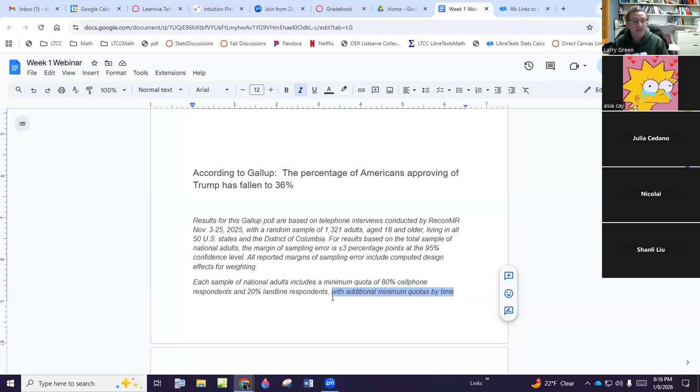So they said they did a random sample. I'm going to tell you the truth in terms of what they really did. It wasn't a perfectly random sample, because that's not possible. It is not possible to do a perfect random sample of all people in America, because let me ask, pop in the chat box, have you ever had somebody ask you to do a survey and then you didn't do it?